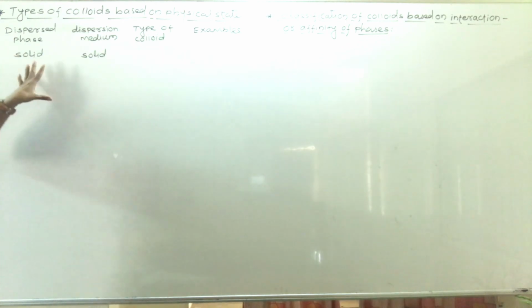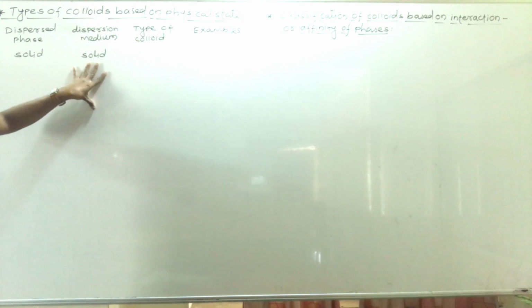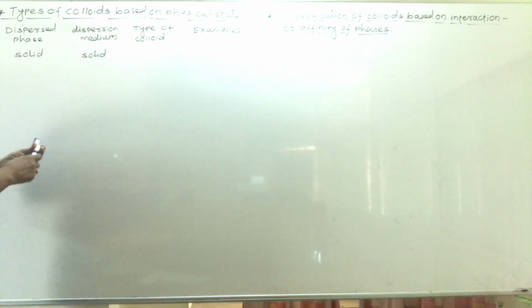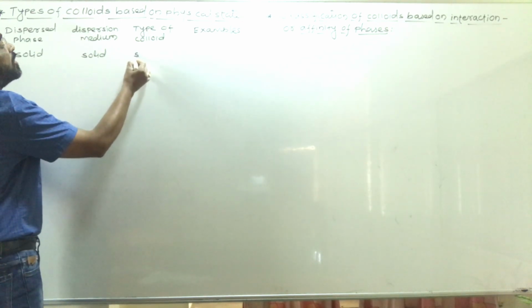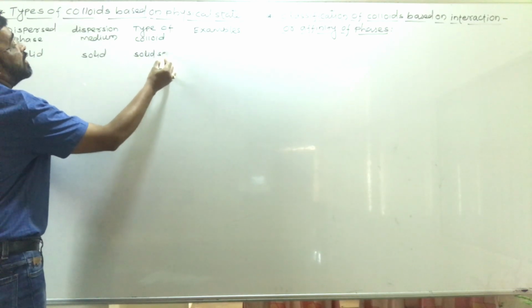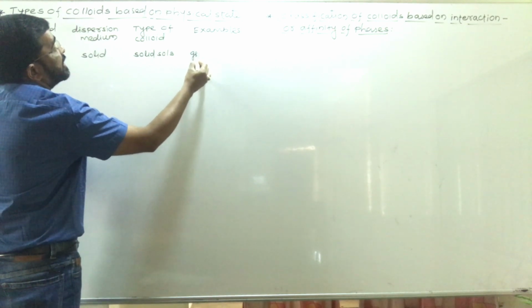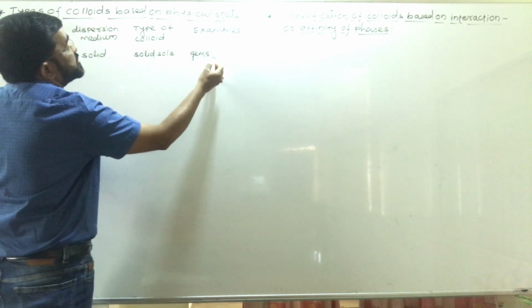First type of colloidal solution, that is solid is dispersed in solid. This type of colloidal solutions are called solid sols. Example, gems.